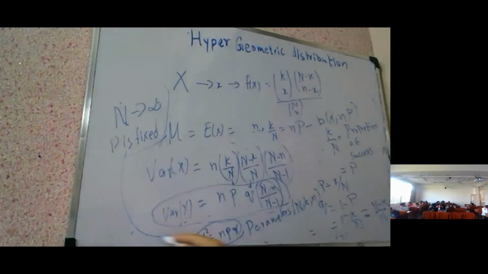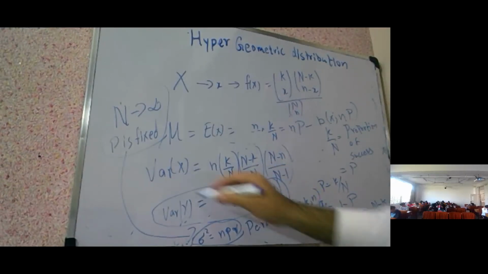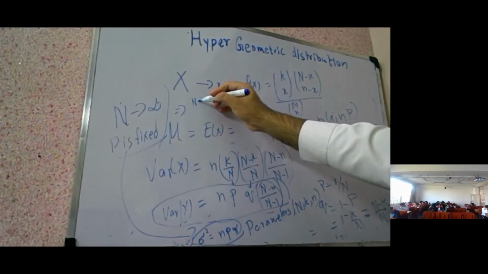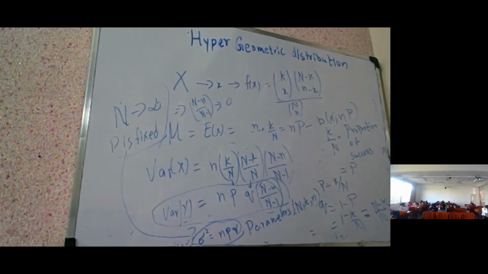So if N is infinity, it means N minus n upon N minus 1 is really minimal. It tends to zero, right? Not zero, but tends to zero. So it converges again towards the binomial distribution, right? So that's about the hypergeometric distribution. Do you understand this one?